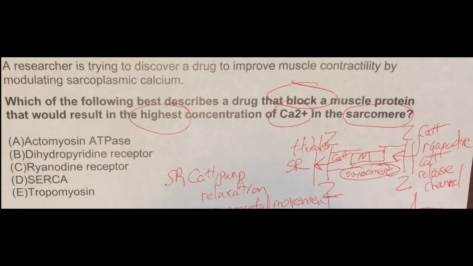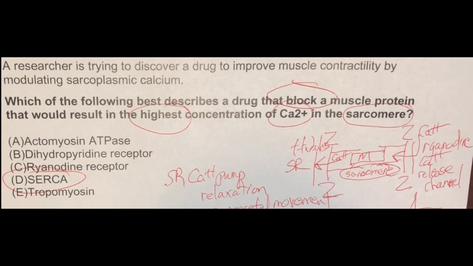For example, a muscle spasm is not considered a purposeful movement. We consider that a non-purposeful movement because we only get contraction without relaxation. Therefore, it seems like that sarcoplasmic reticulum pump seems to be the best answer.